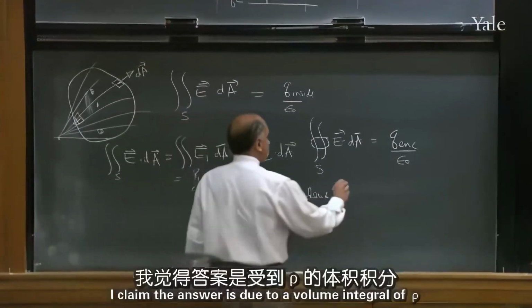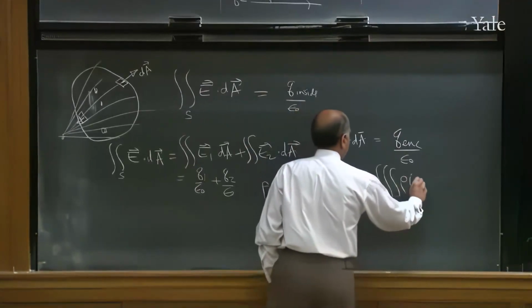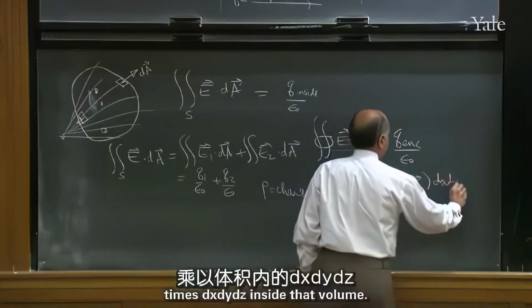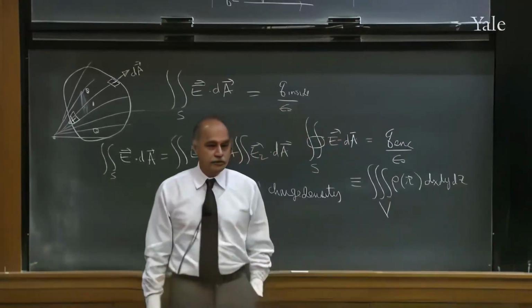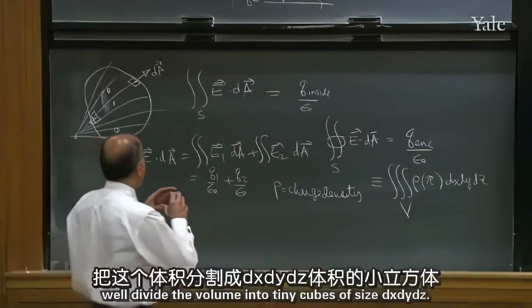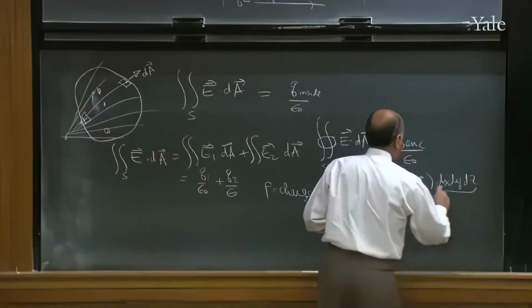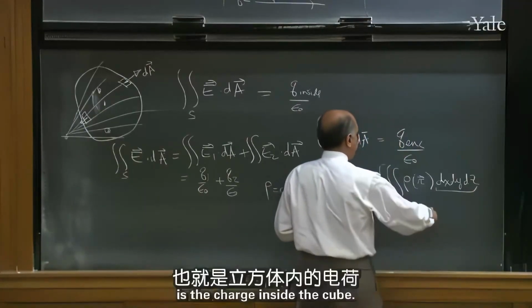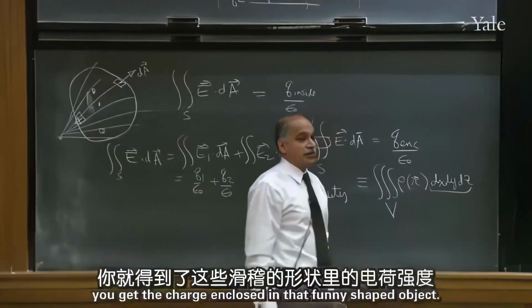I claim the answer is you do a volume integral of rho at any point r inside times dx, dy, dz inside that volume. If you want to say how many coulombs are there, well, divide the volume into tiny cubes of size dx, dy, dz. That times the rho of r, meaning rho at x, y, and z, is the charge inside the cube. You add it all up, you get the charge enclosed in that funny shaped object.